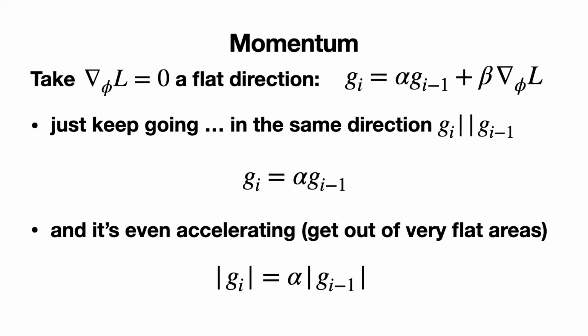If nothing is changing, if you get no information from the gradient, you're accelerating your training, because you're apparently in a flat area, and you just want to get through this flat area as fast as possible. It's nice in two ways. It just keeps going. If you just had gradient zero, you wouldn't even update the parameters, but it's not only just keeping going, it's even accelerating.